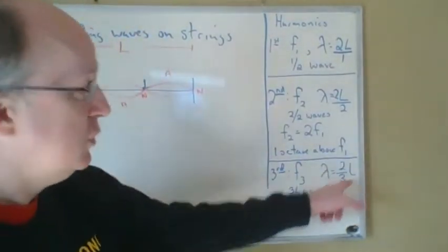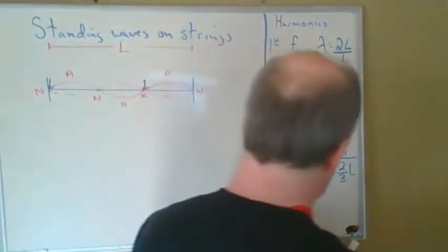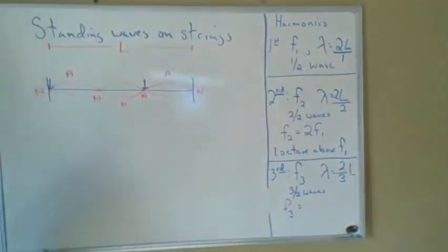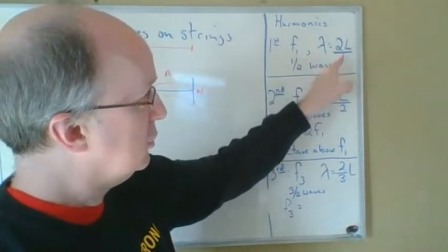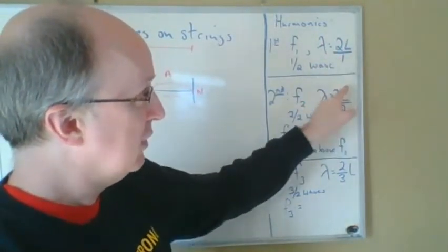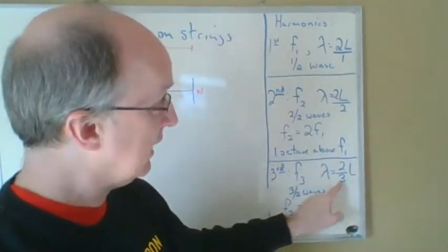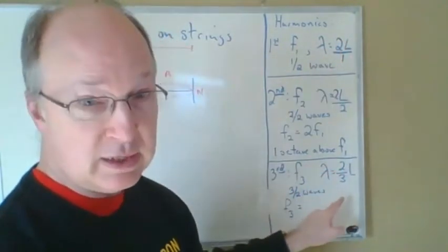All right, so this is 2/3 L, it's 3 half waves, it's F3. Now, what is the frequency relationship? Well, a couple ways you can think about it. The first harmonic, 2L over 1. The second harmonic is half the length of the first, so it's twice the frequency. The third harmonic is 2L over 3 compared to 2L over 1.